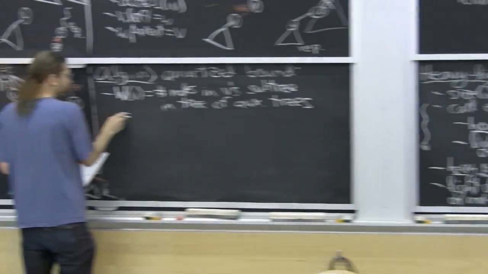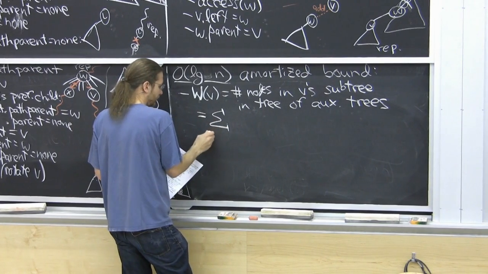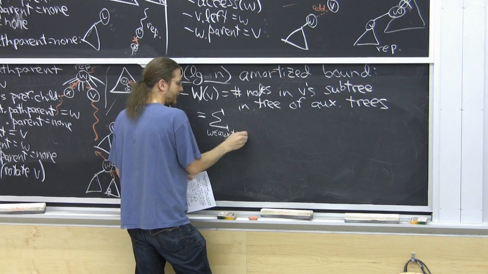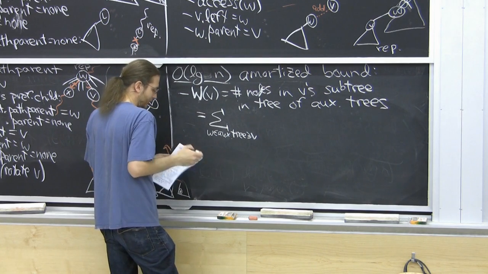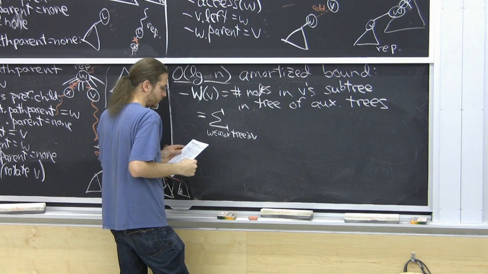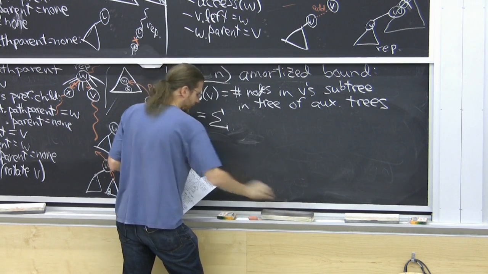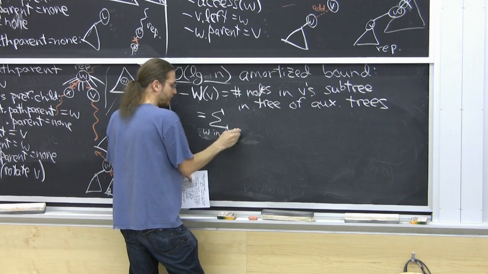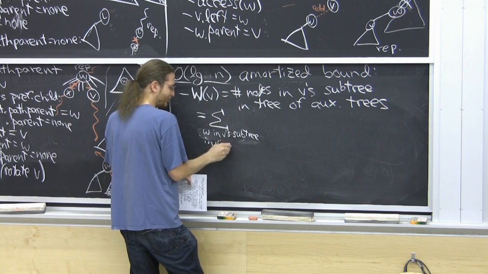So one way you can rewrite this count is as the sum over all nodes W in V's aux tree.